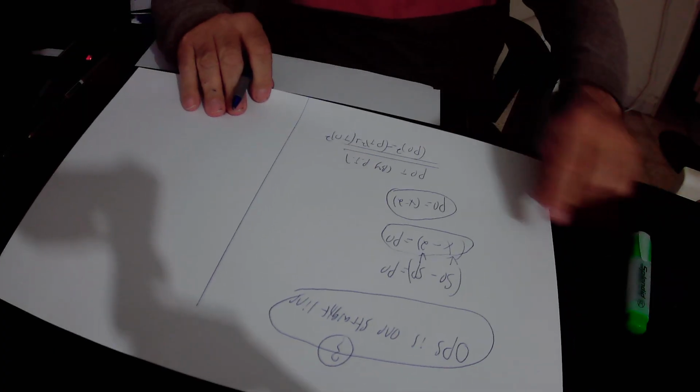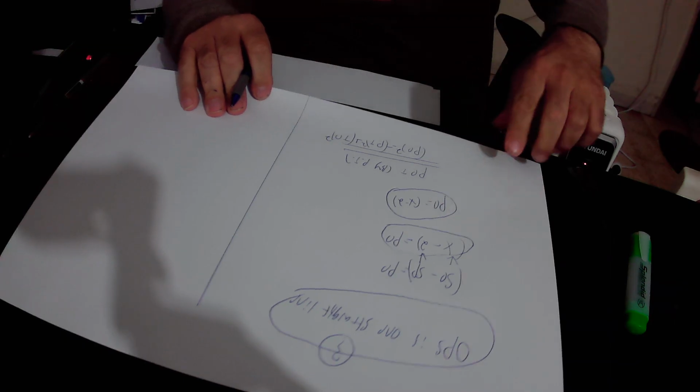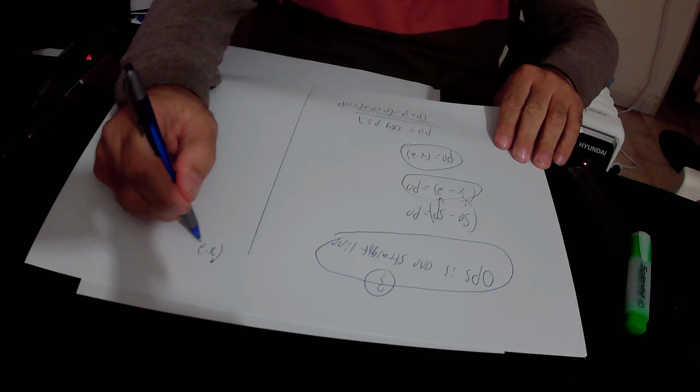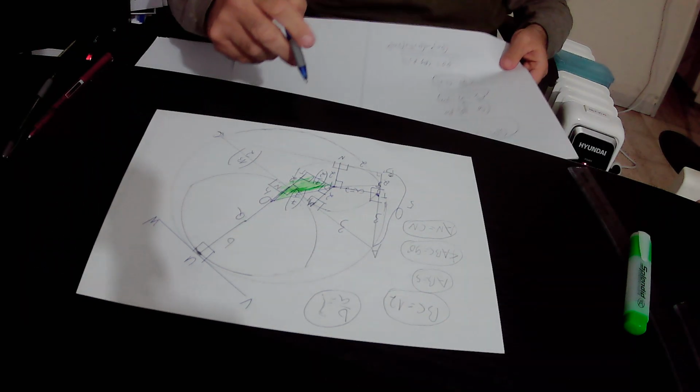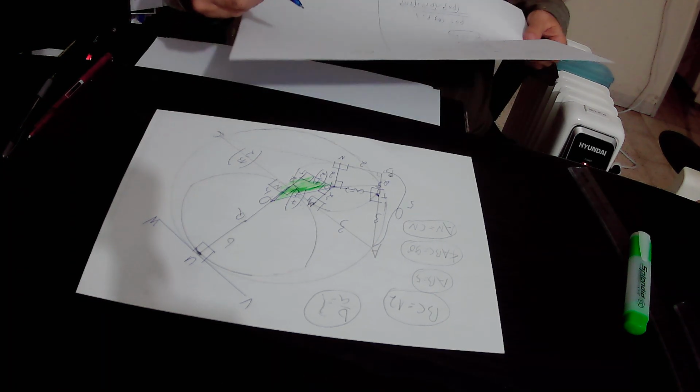We have already found out that PO equals x minus 2, therefore PO square must be equal to x minus 2 square. That is equal to PT square. PT equals 7 over 2, therefore PT square is 7 over 2 square.